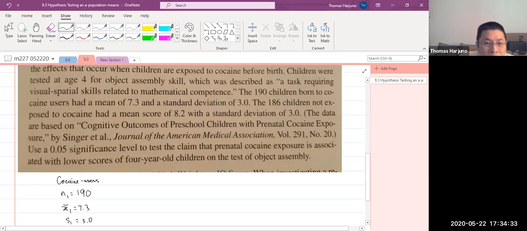So these are children born to non-cocaine users, the sample size is 186 and the sample mean is 8.2 and standard deviation 3.0.